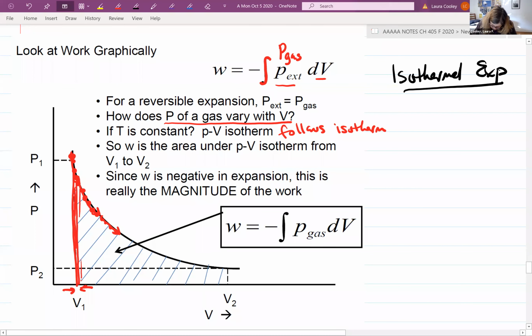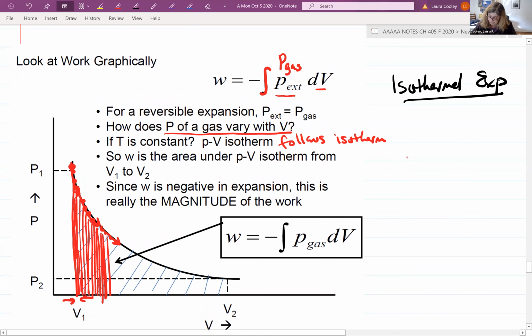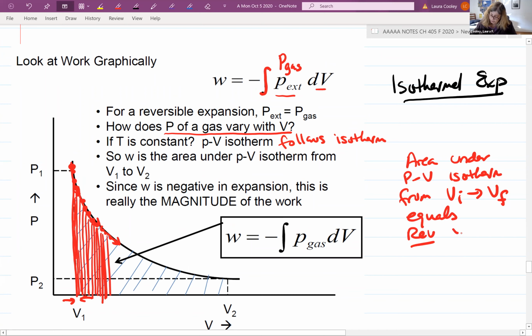Then I do it again, I get the next area, and again. If I add up all these pressures multiplied by the change in volume, what I end up getting is the area under this curve. So the area under the pressure-volume isotherm from the initial to the final volume equals the reversible work.